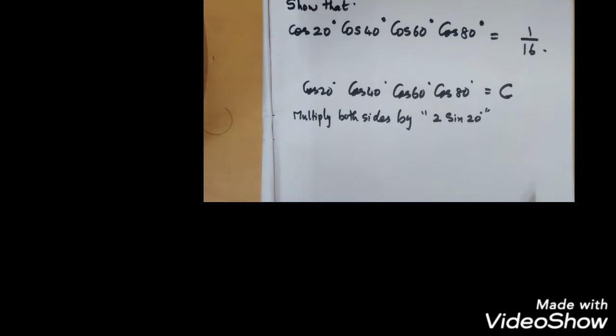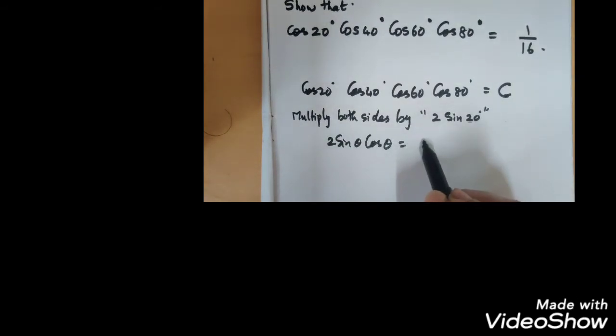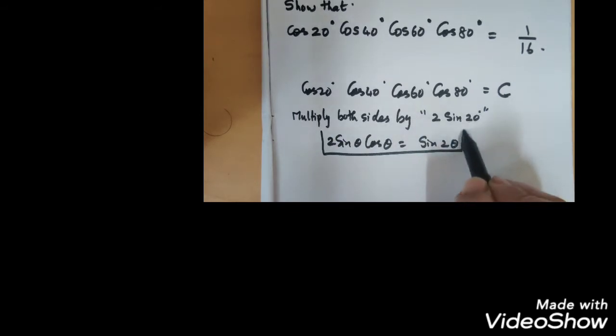And I know that whenever I have a double, I remember that 2 sine theta cos theta is nothing but sine 2 theta. So remember, 2 sine theta cos theta is nothing but sine 2 theta. I'm just going to use this particular formula. So just keep that in mind.